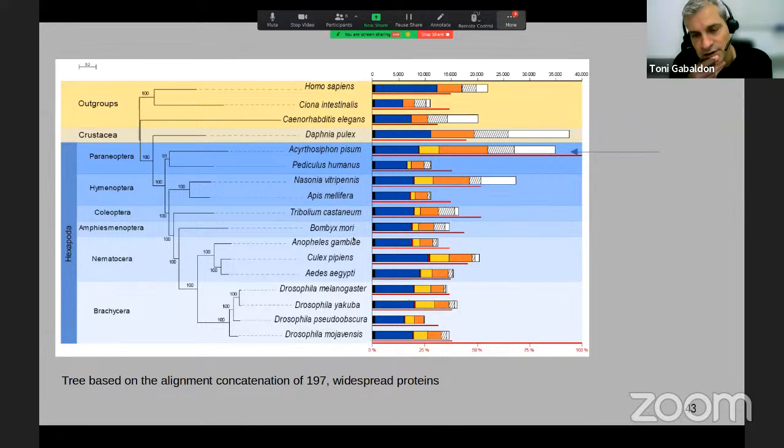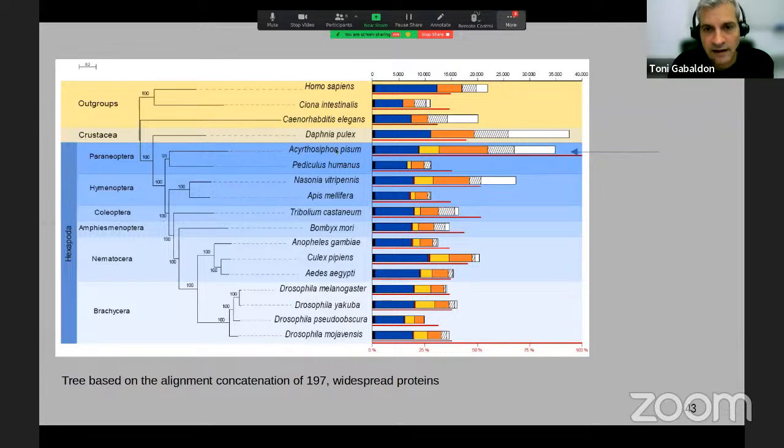One of the first things you do is to reconstruct a species tree. For that, we used a gene concatenation approach, because since we had the phylome, we could select genes that are single copy in all the species and present in all the species. These were 197 proteins that we concatenated to reconstruct this phylogeny.